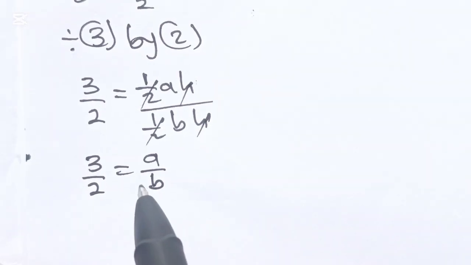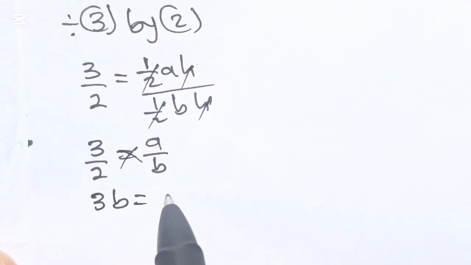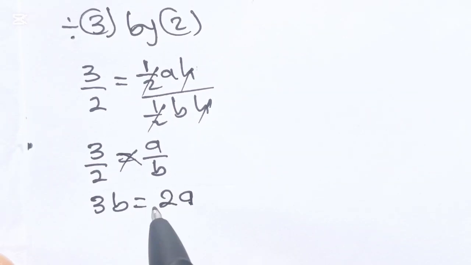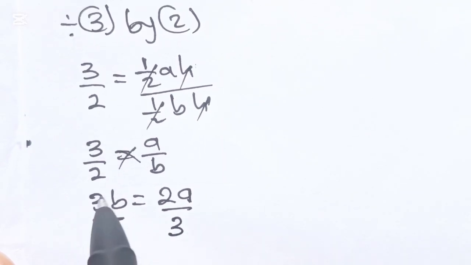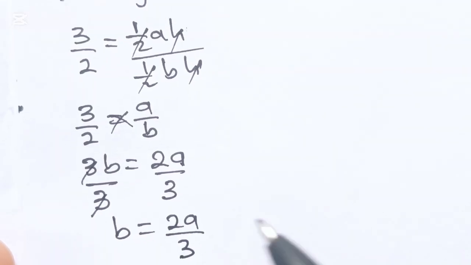If we cross multiply, we have 3b is equal to 2a. Now I want to get the value of b in terms of a. If we divide by 3 on both sides, b becomes 2a over 3.